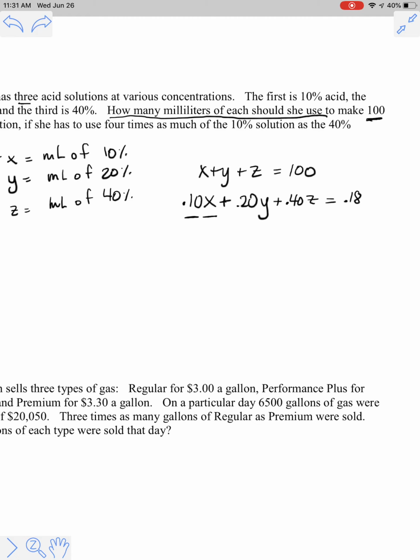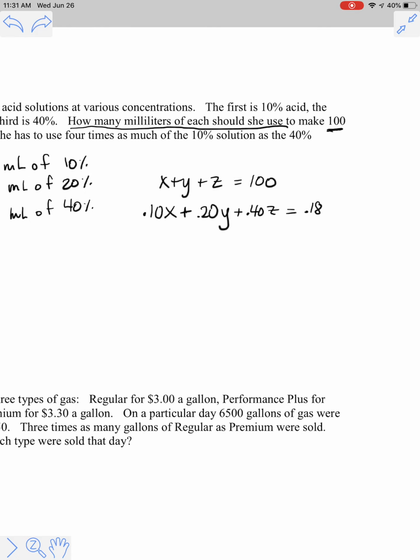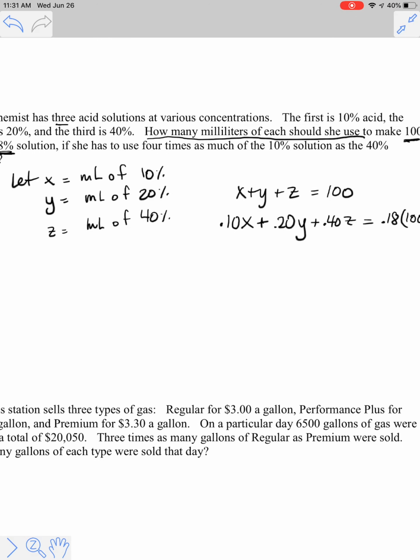So we need to have that same setup on the right side of our equation. Here we have a concentration. It's 18% concentrated, but it needs to be multiplied by an amount, and the amount of solution is going to be 100 milliliters. Here's the second equation.